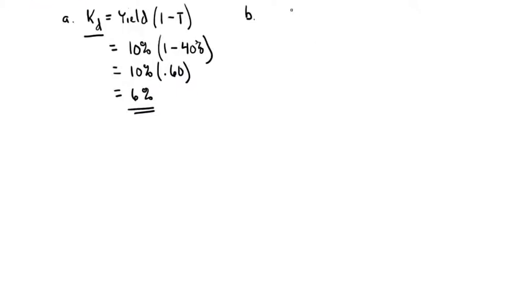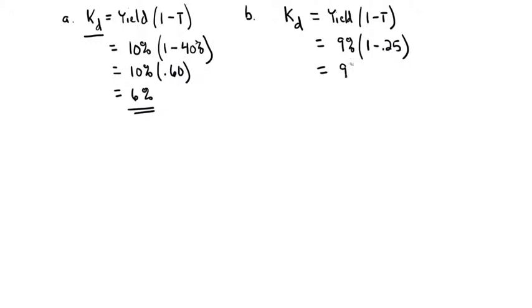So now we're taking a look at the new after-tax cost of debt equals the new yield times 1 minus the new tax rate, which it says here the yield on the bond goes down by 1 percentage point, so now we're at 9% for our yield, and thanks to tax reform our tax rate falls to 25%, 0.25.